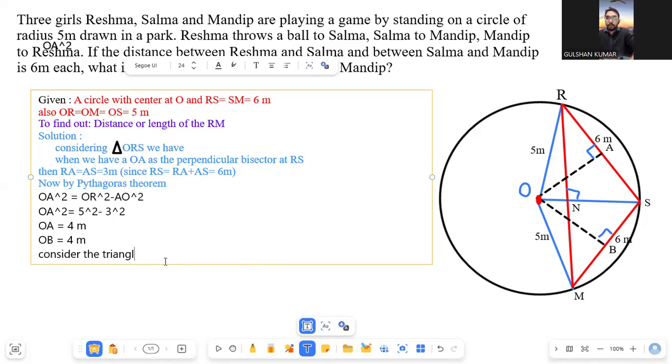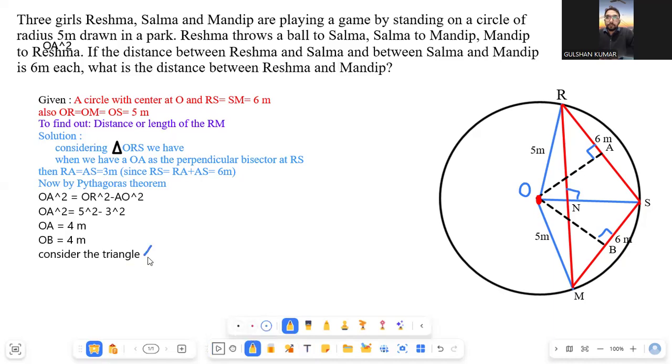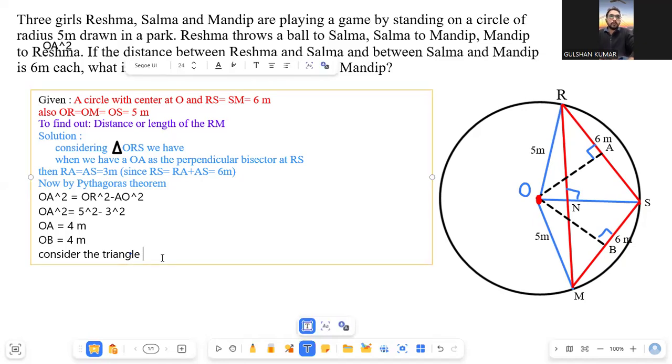Consider the triangle ORS. Area of the triangle ORS equals half multiplied by OA multiplied by RS.